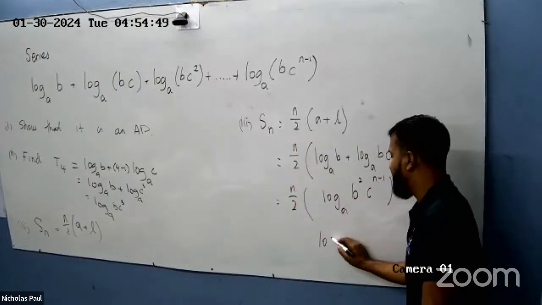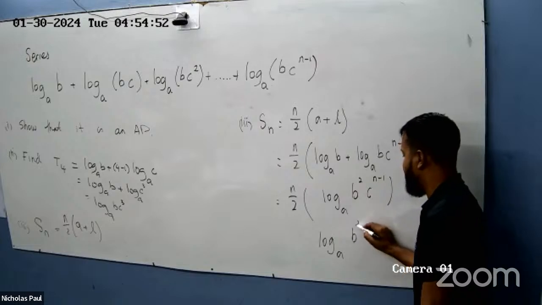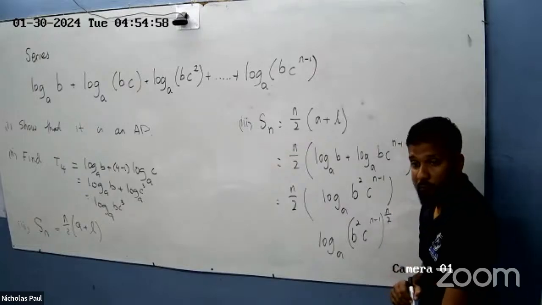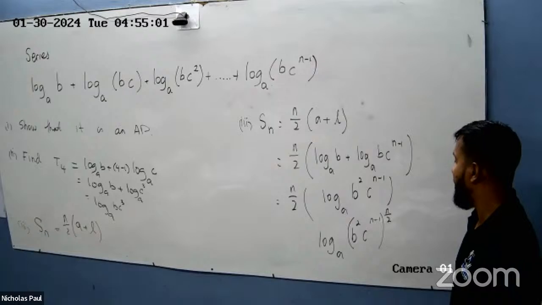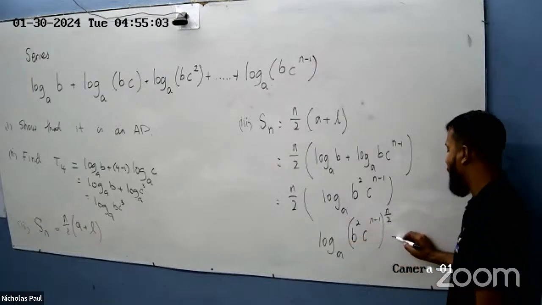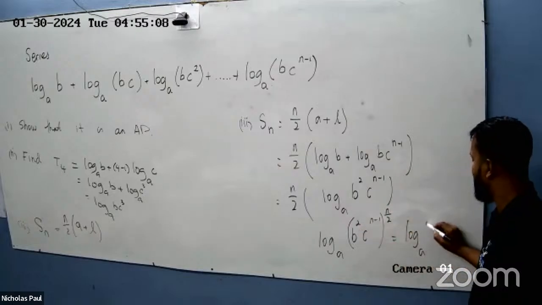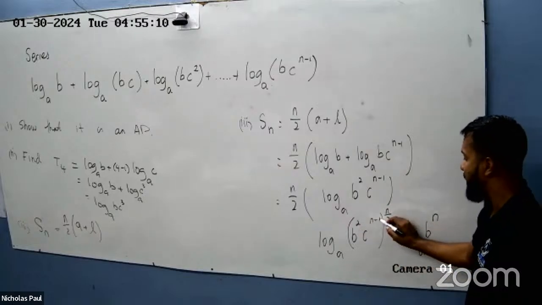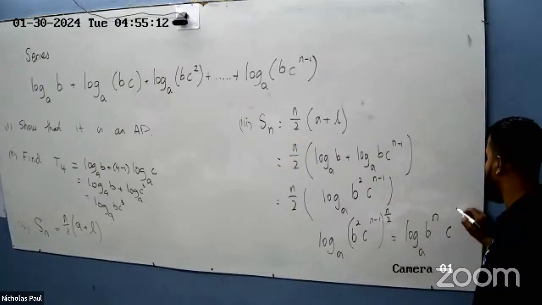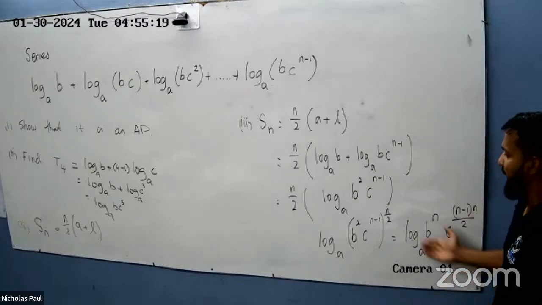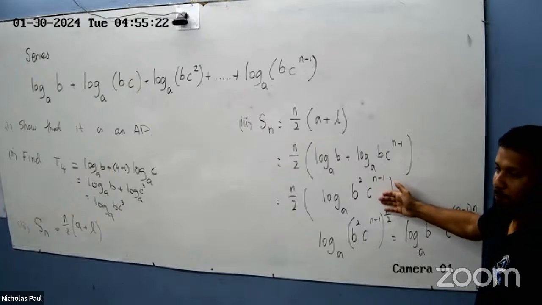So we could write log to the base A of B squared, C to the n minus 1, all to the power n over 2. And you can make it look a little bit nicer: n minus 1 by n over 2, that is n minus 1 by n all over 2. That's just complicated, but this was the answer in the past paper.